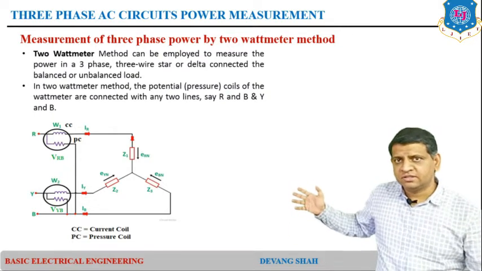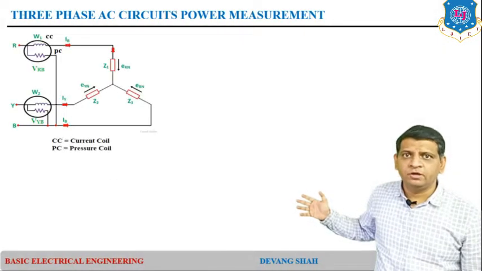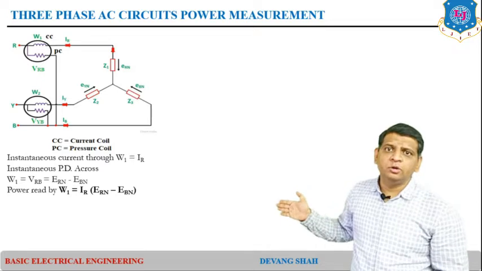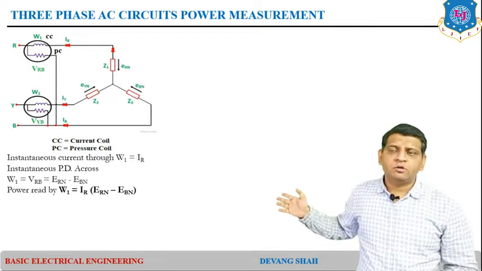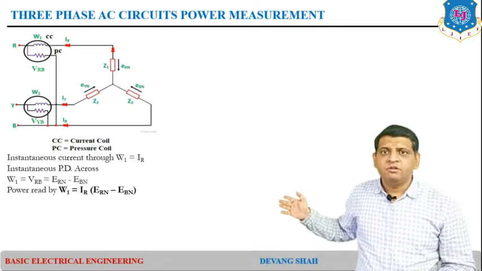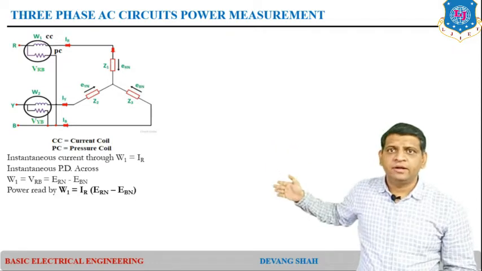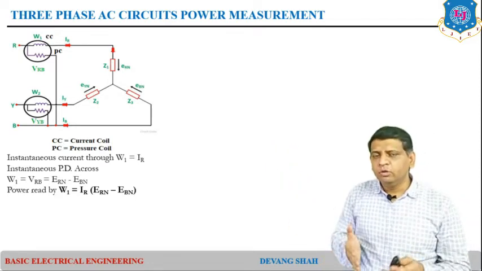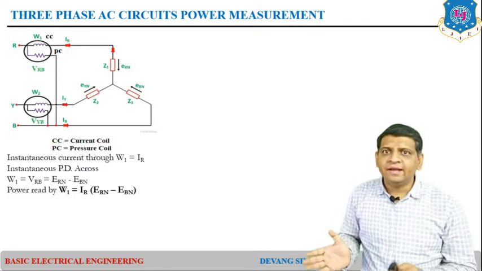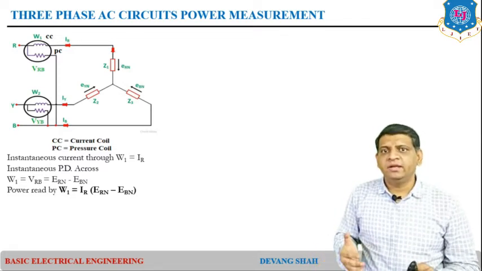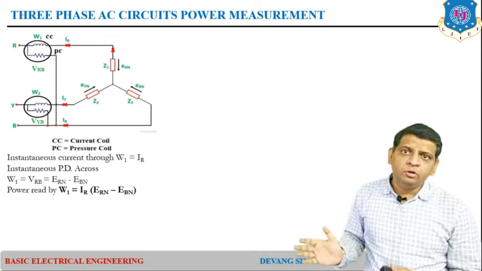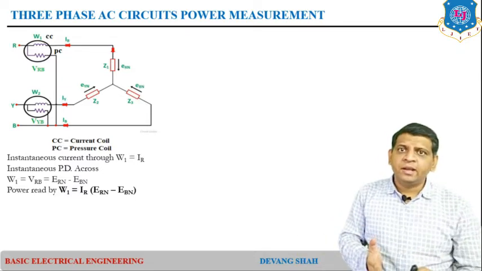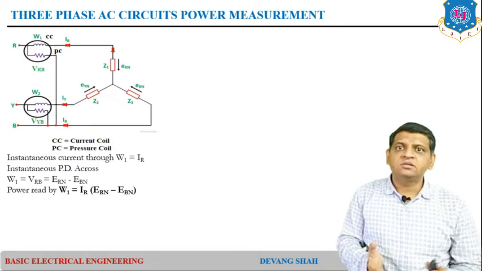So let us start and derive the equation for the 2 wattmeter method. Here you can see the current passing through W1 is IR and the voltage across W1 is VRB. So I can write the wattmeter reading of W1 is equal to IR into VRB, which is equal to IR into (ERN minus EBN).